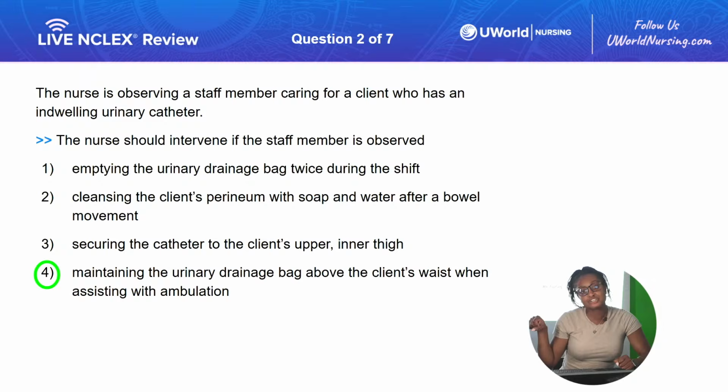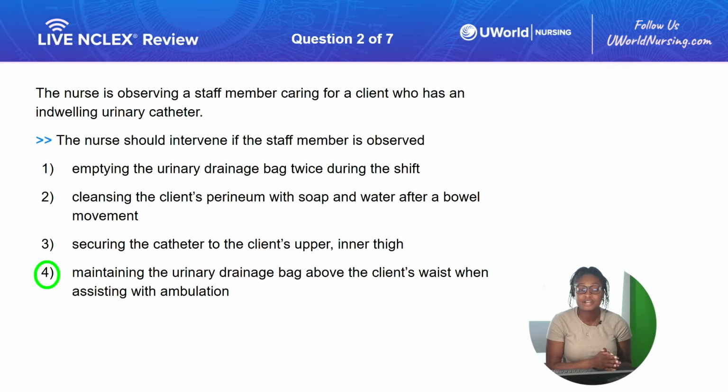Having that urinary drainage bag above the waist can create backflow of urine back into their bladder system and cause a UTI and infection. And again, that would be another complication that we could have not had in the first place if we just had it below. Let gravity help in their favor by keeping it below and having the urine drain away from them.